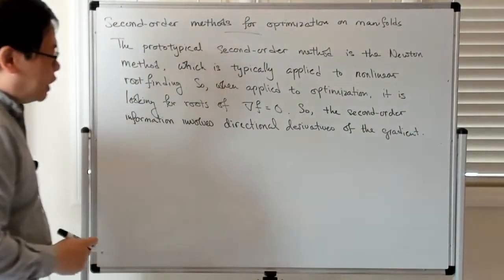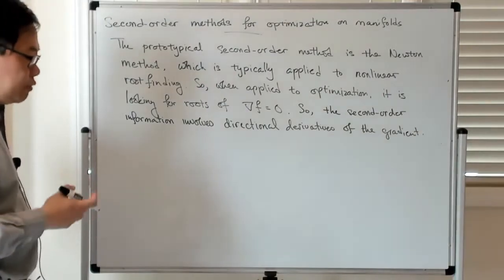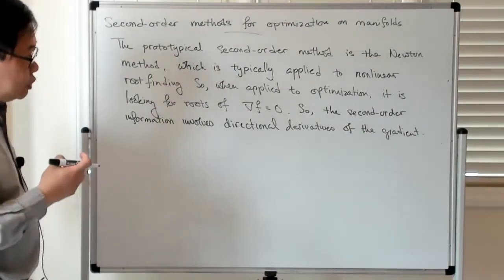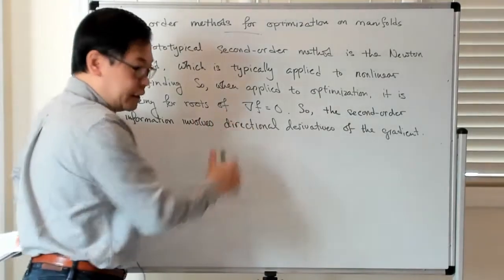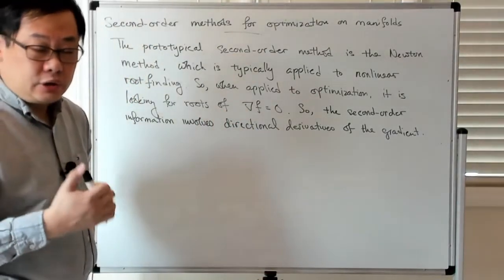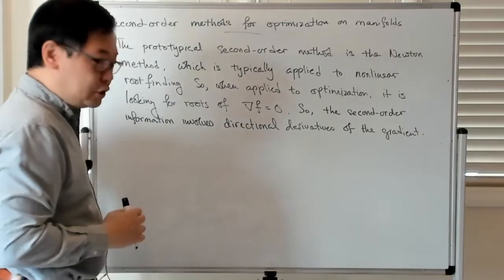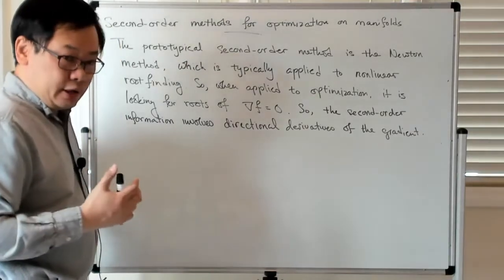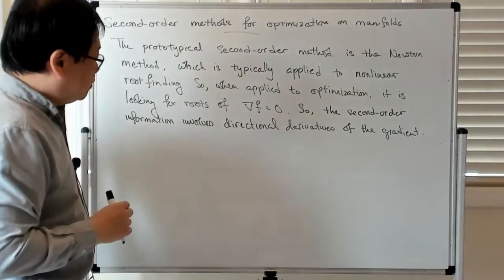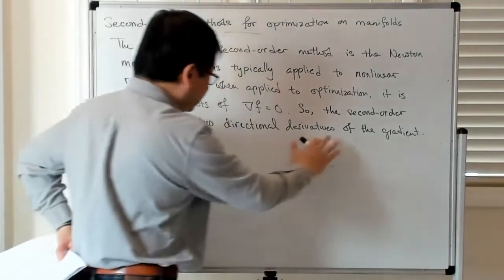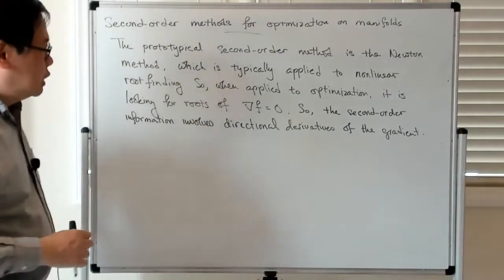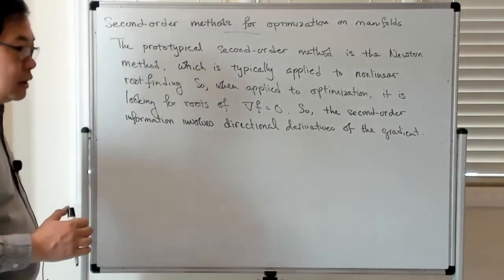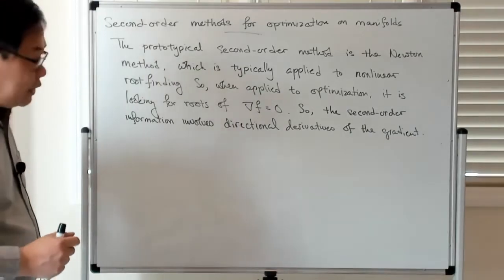The same way that in the first order case, in order to make sense of the gradient on a manifold, we needed to introduce some additional geometric structure, in particular the notion of a Riemannian metric, in order to make sense of directional derivatives of the gradient, we need to introduce additional geometric structure as well, which is the notion of an affine connection.